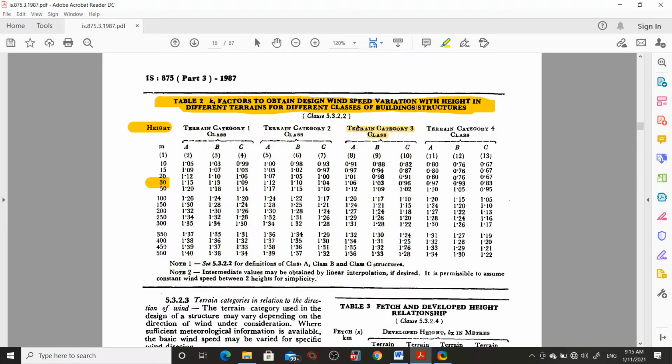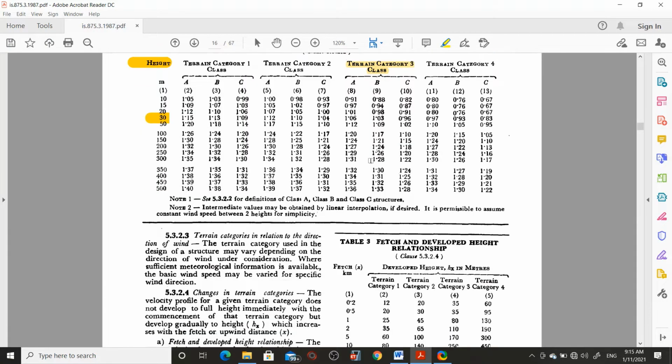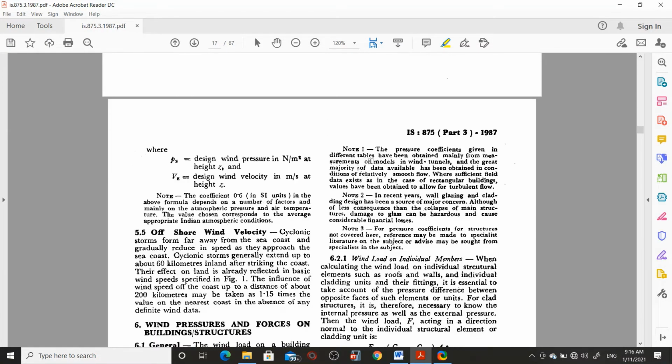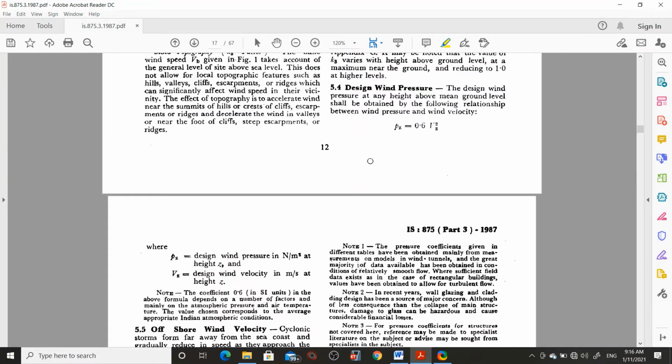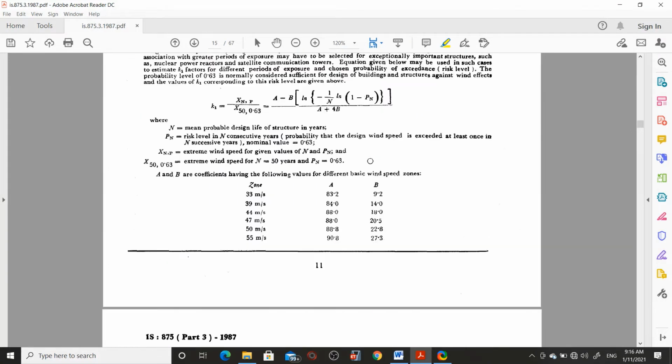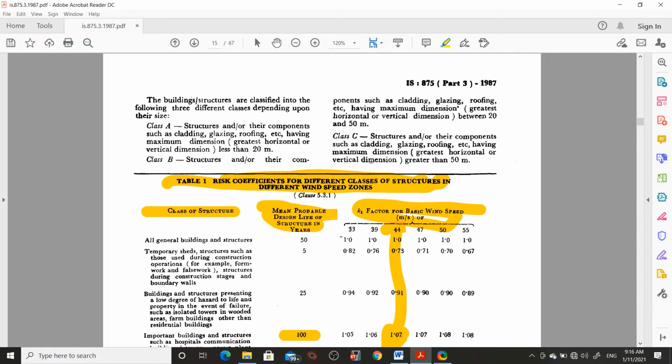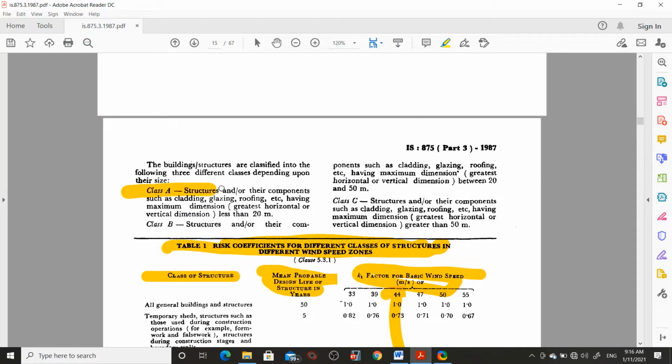But here there are class A, class B and class C. So what is A, what is B and what is C?